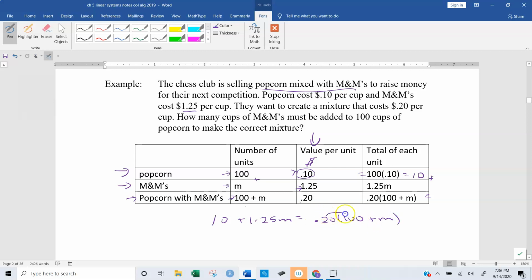Now to solve, this here's where your substitution actually came from, because it came from the 100 plus m, which is really nice. Okay, so now we're going to solve, and we're going to get 10 plus 1.25m equals 20 plus 0.20m.